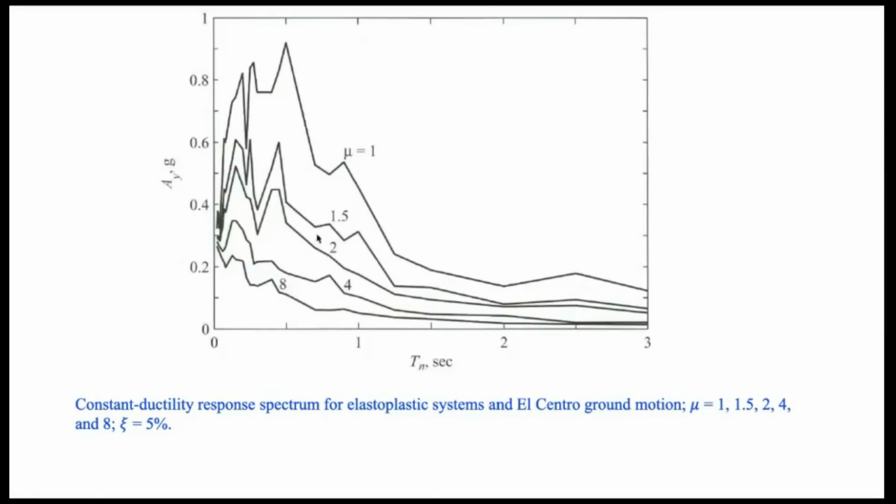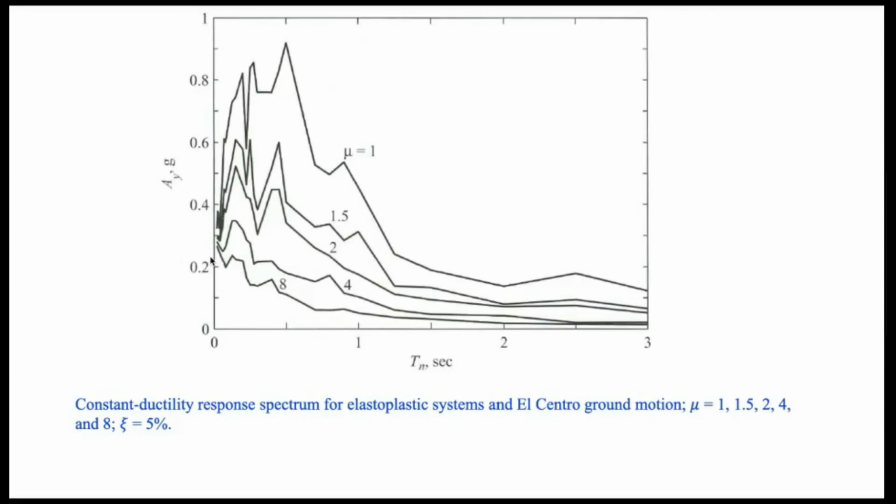For any target ductility, knowing the initial or natural vibration period of the system, you can select what Ay by g is required. What is the base shear coefficient that I need to design a system? How much strength do I need in my system?